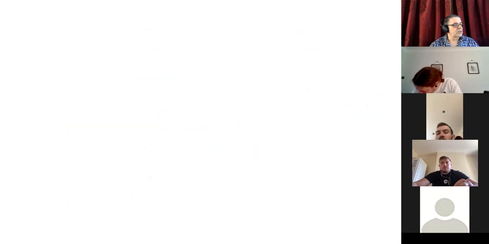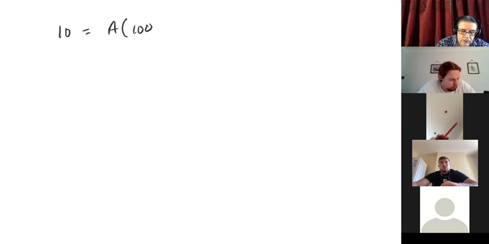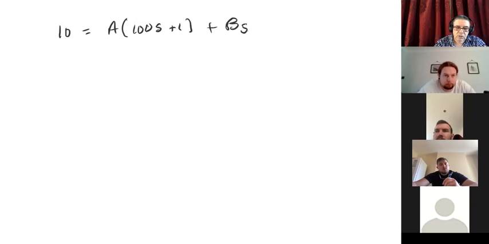Our equated numerators were 10 is equal to A(100s + 1) + Bs. What we now do is let s equal a number that will allow one of these terms to cancel, to be 0.